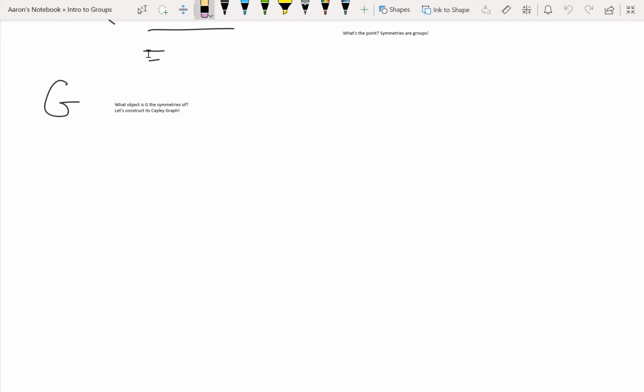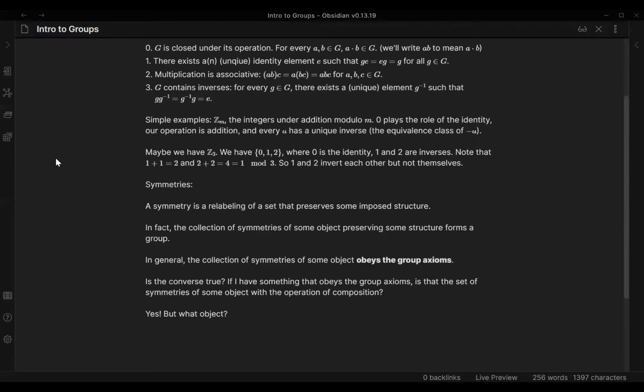I'll specify what exactly we're doing. Introducing the Cayley graph.